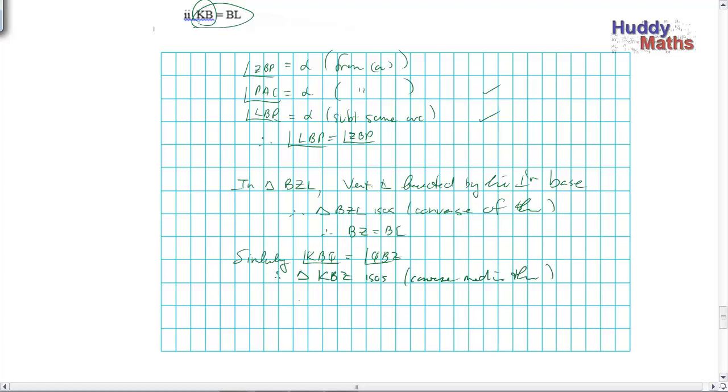Okay, therefore KB equals BZ, and therefore KB equals BL, because they're both equal to BZ. I've got to put a reason in here. KB equals BZ, equal sides.